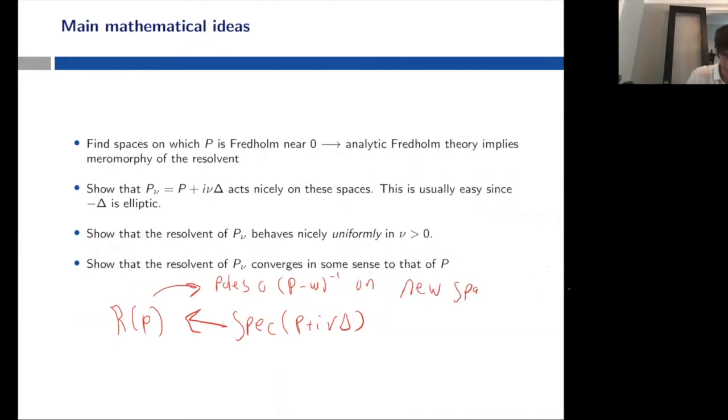In other words, there's some kind of resonances for P. So this is just like, if you're familiar with standard scattering theory, you have to weaken the spaces on which your operator acts in order to get this Fredholm type property and get a meromorphic continuation.